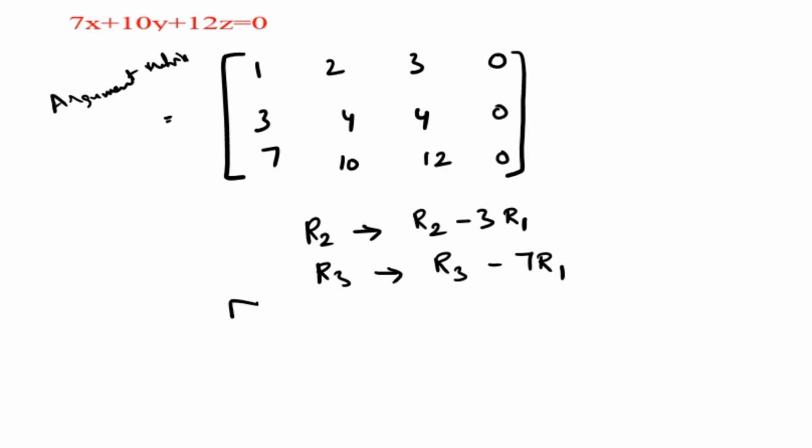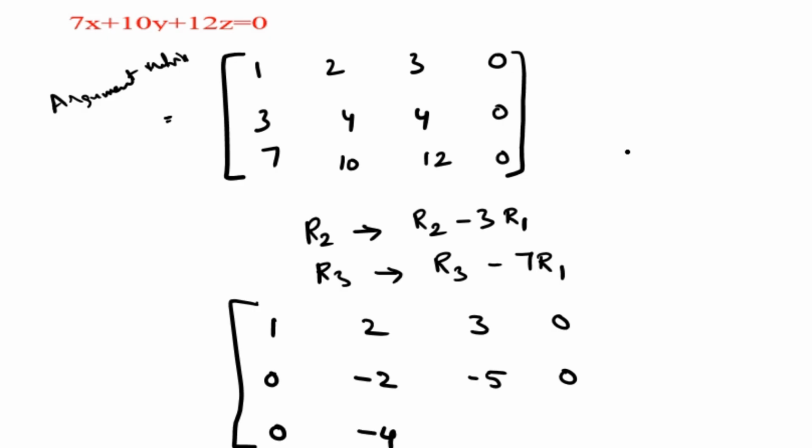The matrix will be: row 1 will be as it is; then 0, 4 minus 6 is minus 2, 4 minus 9 is minus 5, 0; then 0, 7 minus 7 is 0, 10 minus 14 is minus 4, 12 minus 21 is minus 9, 0. This is the augmented matrix.